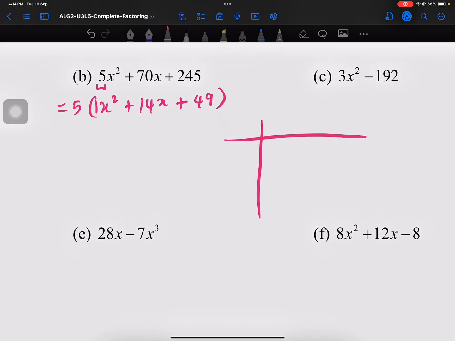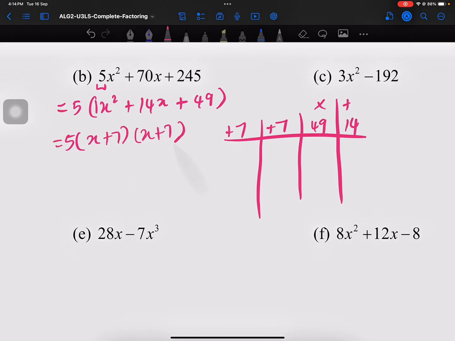So what times what becomes 7? It is 7 multiply 7. And then we want to make sure that when we multiply it becomes 49, yes. And when we add it becomes 14. So yes, both have positive signs. So 5 times x plus 7, x plus 7. This is the final answer for B.